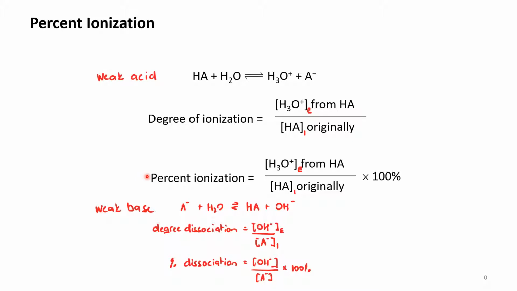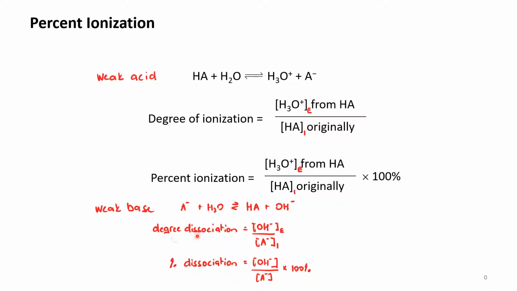The percent ionization has exactly the same formula, except it's represented as a percent, so we multiply this ratio by 100%. Similarly, for a weak base, we take the representative weak base, A- plus water, existing in equilibrium with its conjugate acid, HA, plus hydroxide.